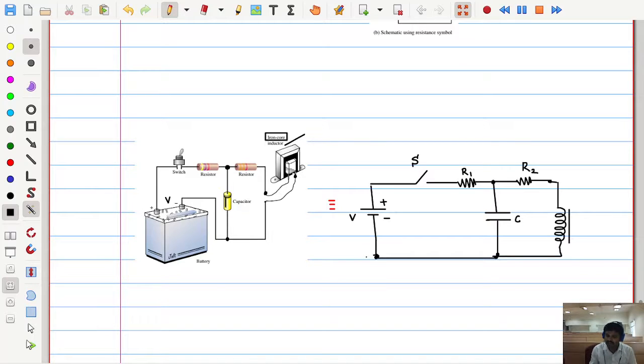Usually we will not sketch the real inductor, resistor, capacitor, etc. So this is the generalized schematic representation of any given circuit. We should use each element's symbol instead of the real picture. This is what we call a schematic diagram, or schematic circuit.